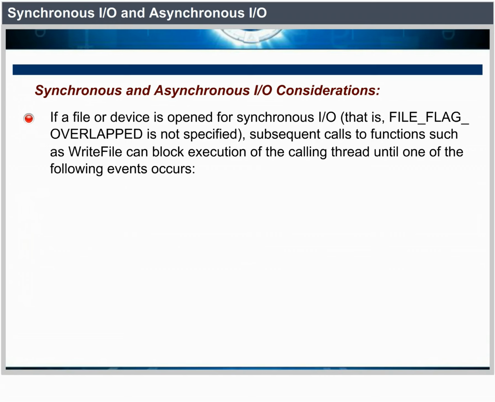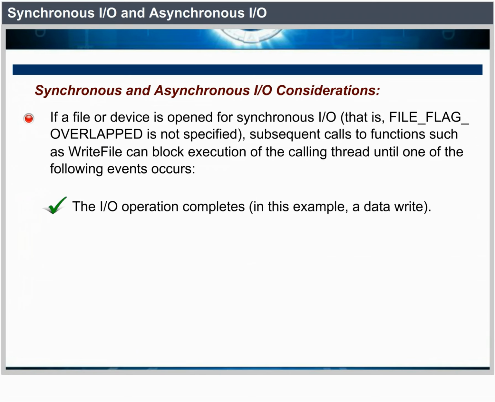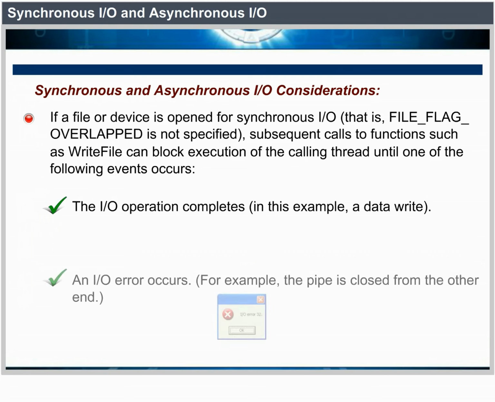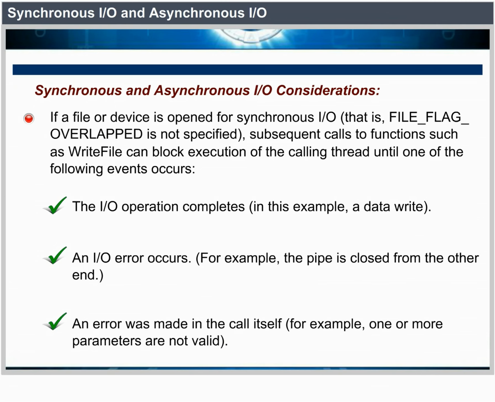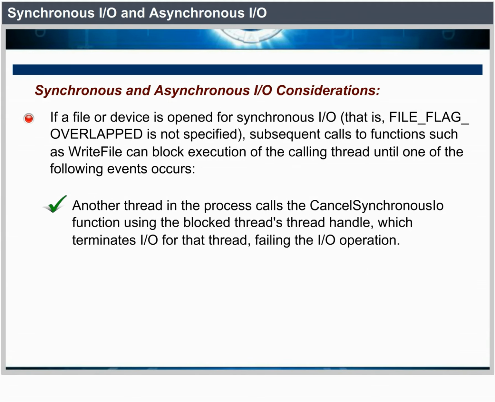An input-output error occurs, for example, the pipe is closed from the other end. An error was made in the call itself, for example, one or more parameters are not valid. Another thread in the process calls the cancel synchronous IO function using the blocked thread's thread handle, which terminates input-output for that thread, failing the input-output operation.